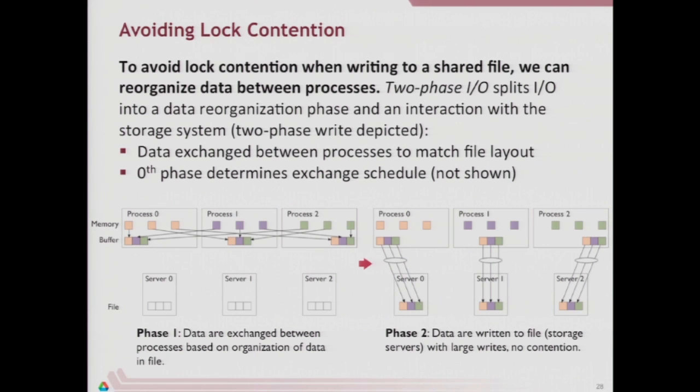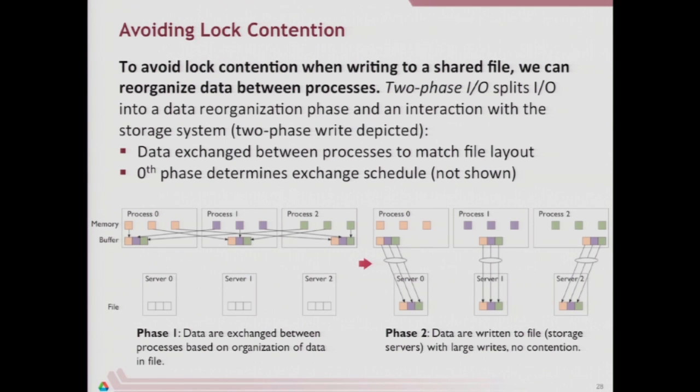Another technique, from the same guys, is two-phase I/O, which splits I/O into a data reorganization phase and then an interaction with the storage system. This is implemented in MPI-IO, but the technique is around in a lot of contexts.